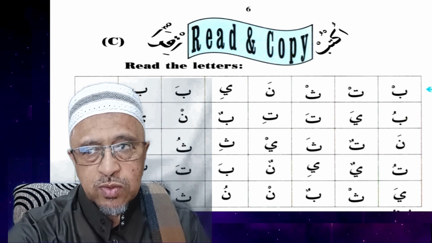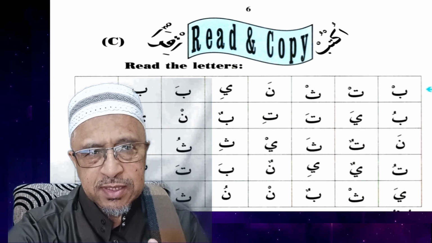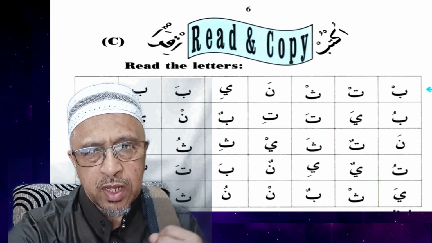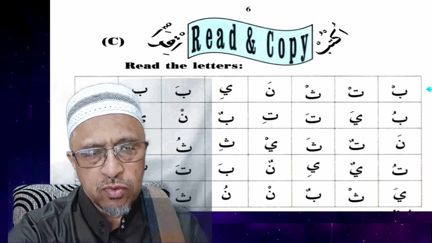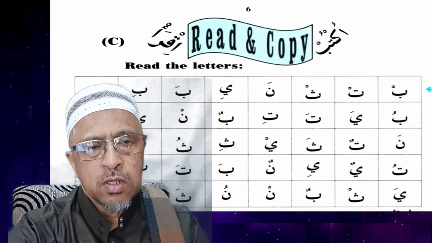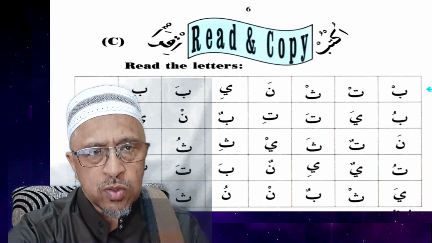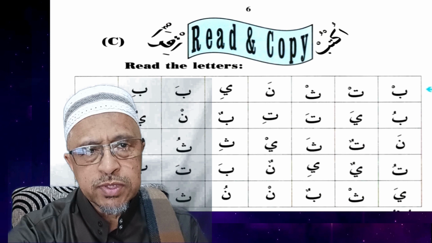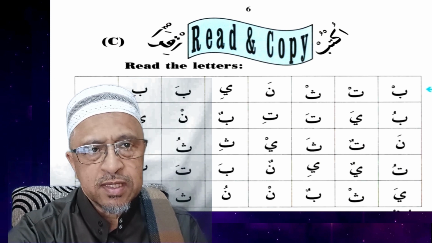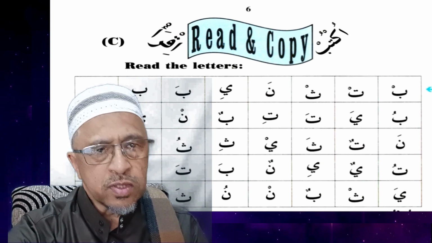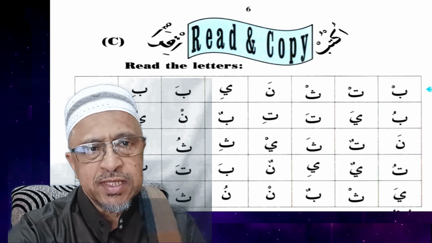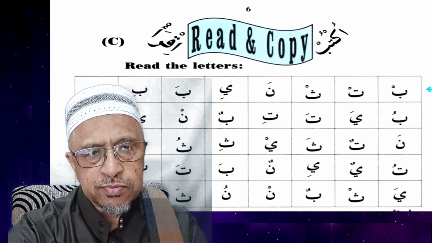So in other words, the U and the E in the commands, we had uktub, we had undur, we had ikra, and udrus, and so on. All those U's in front and the E will disappear if anything precedes the instruction.